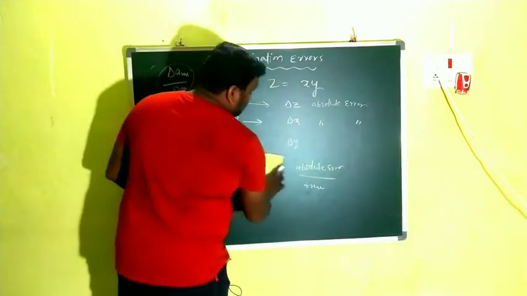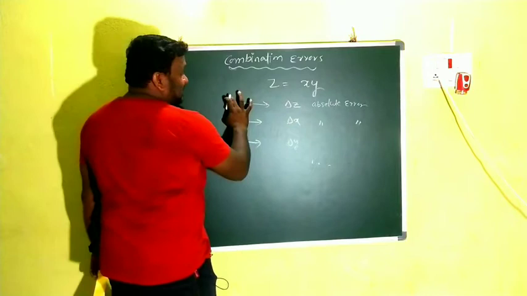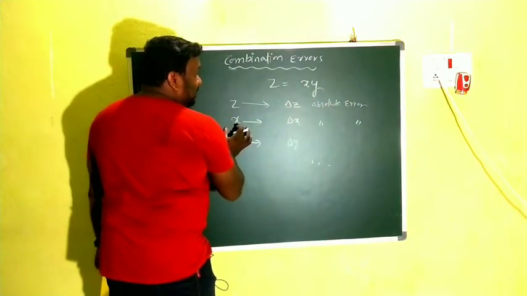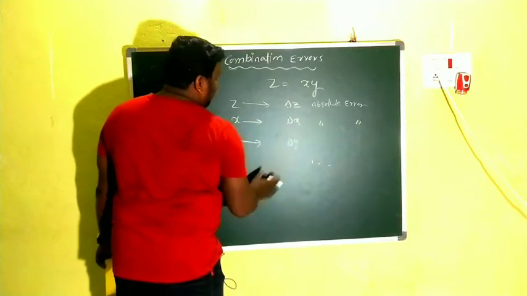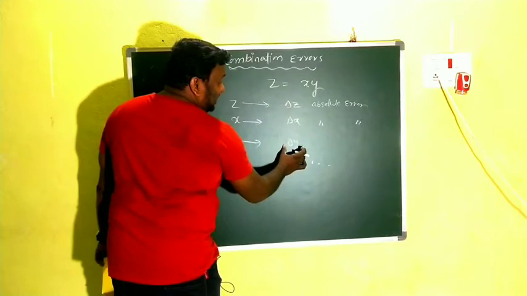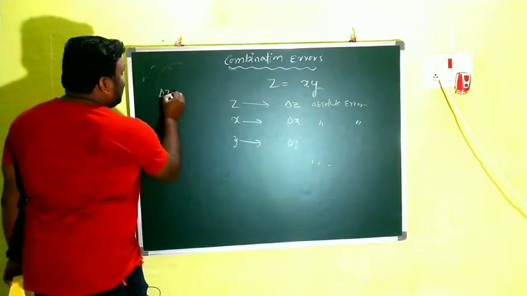So here z is the measured value, its absolute error is delta z, and x is the measured value, its absolute error is delta x, and y is the measured value and delta y is its absolute error. Now I am writing delta z by z.